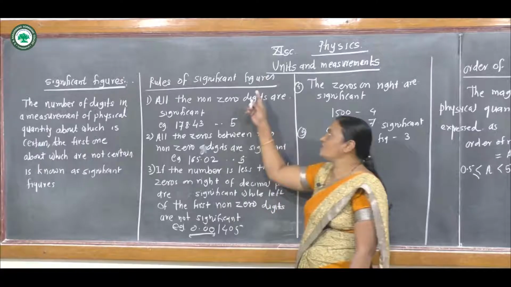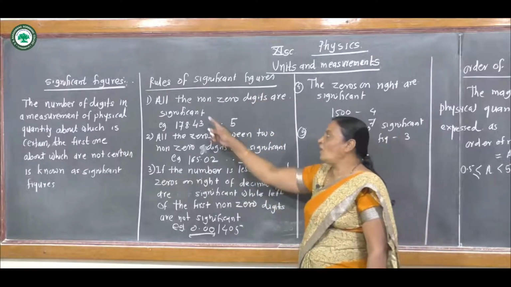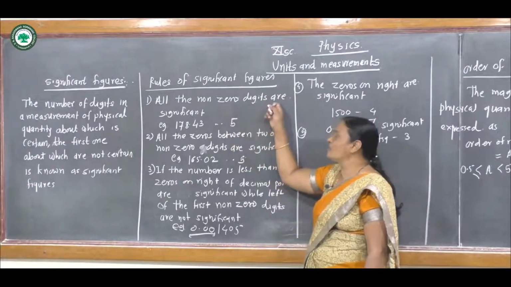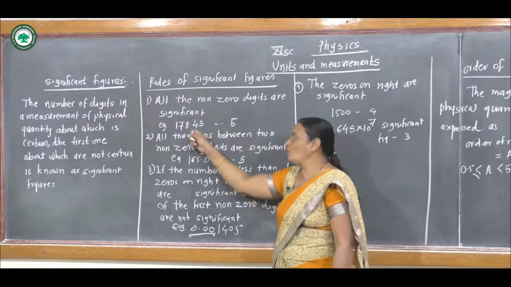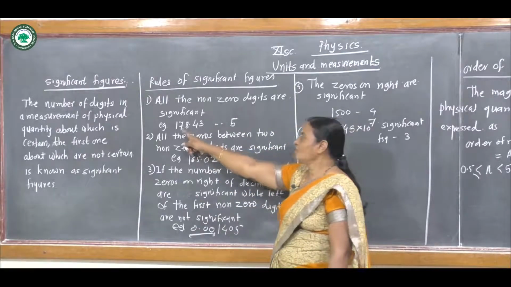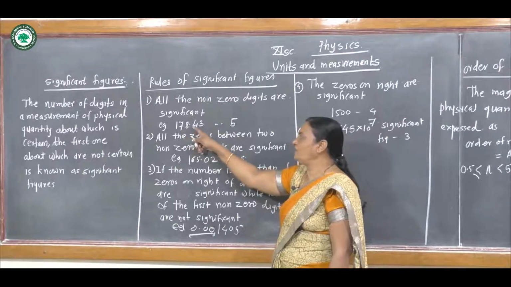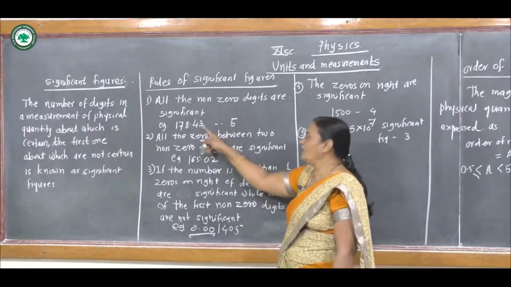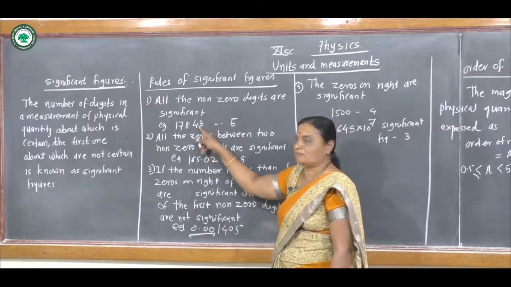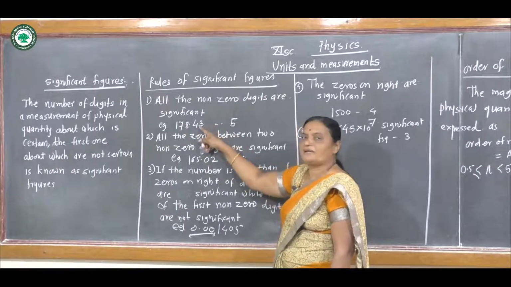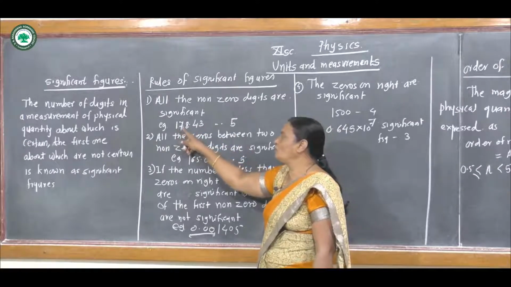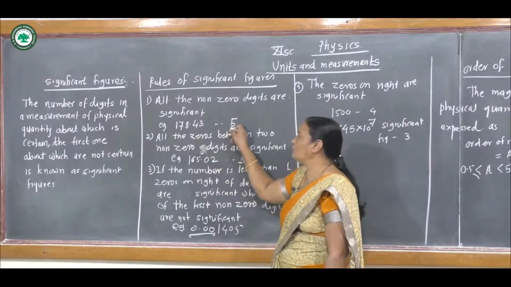Now, rules for significant figures. All the non-zero digits are significant. For example, suppose we have the number 178.43, then these are all non-zero numbers. Therefore, the significant figures are 1, 2, 3, 4, 5.